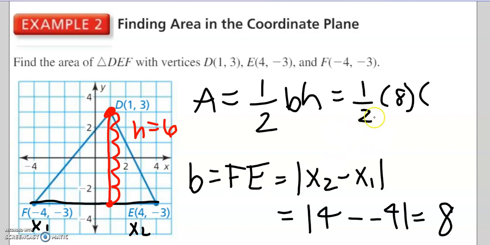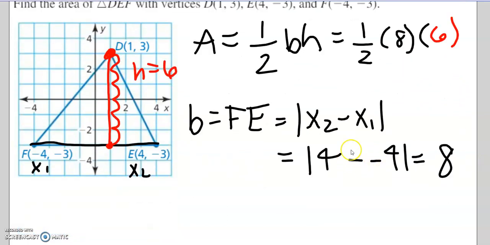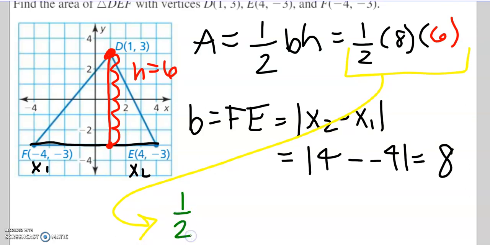Come back over here to my formula. Area equals 1/2 times my 8, my base, times my height, which I know is 6. And guys, we need to be able to solve this kind of by hand. And it's easy. Let me show you. 1/2 times 8 times 6. Let me do 8 times 6 first, right? 8 times 6 is going to give me 48.